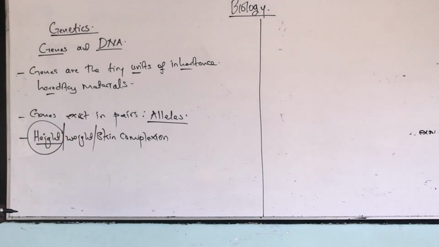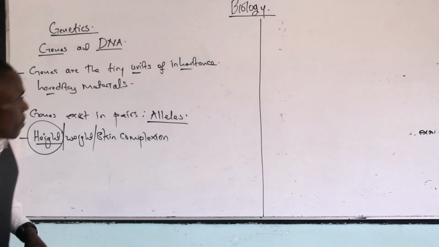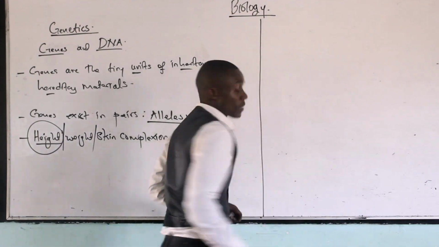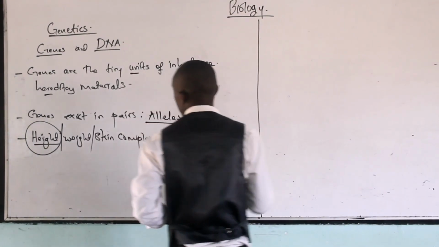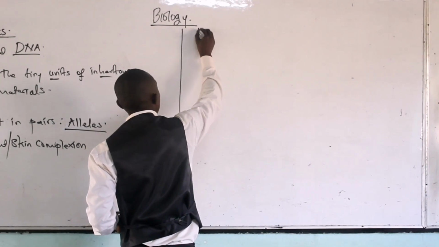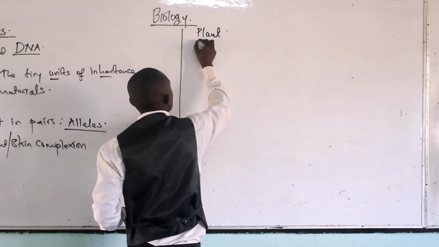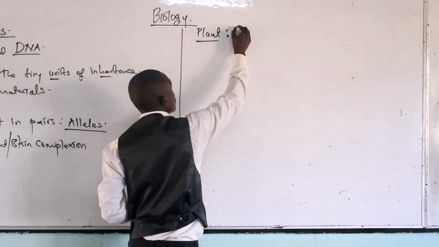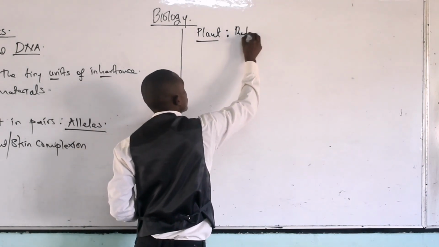So the concept of allele can be understood by this example. Let's say I have a plant, and this plant has red flowers.